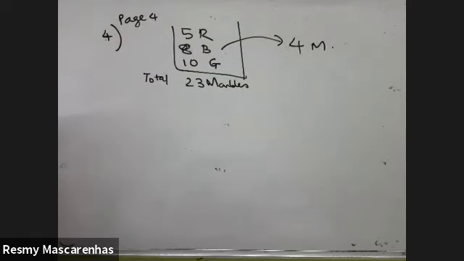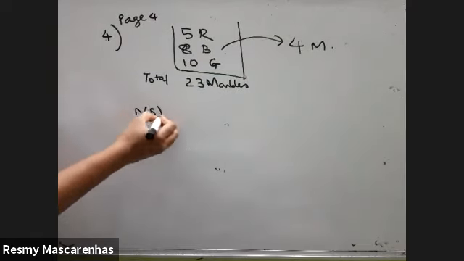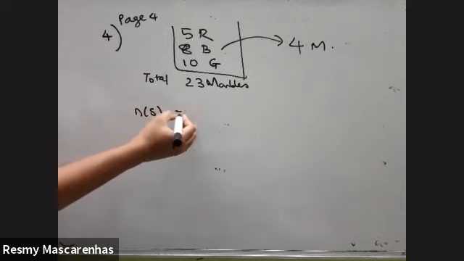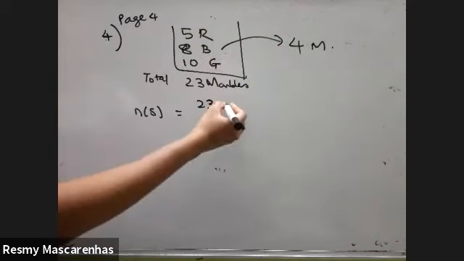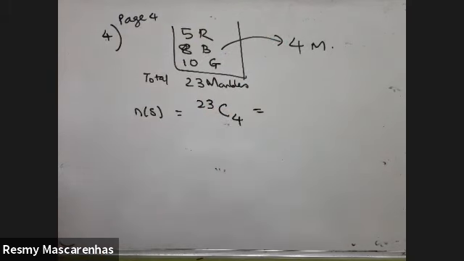So first thing, without any condition, we'll find the sample space. So sample space will be what? Out of total 23 marbles, we are picking up 4 marbles. So calculate this value.